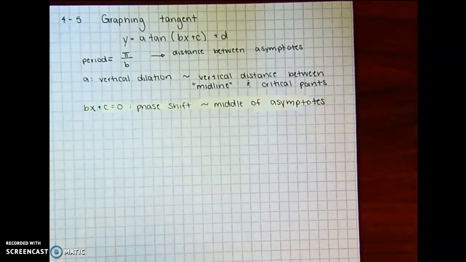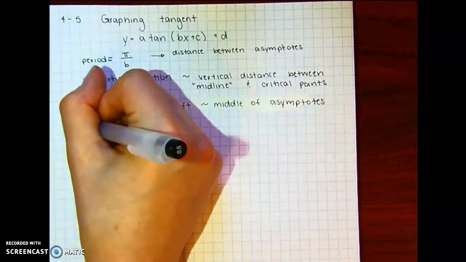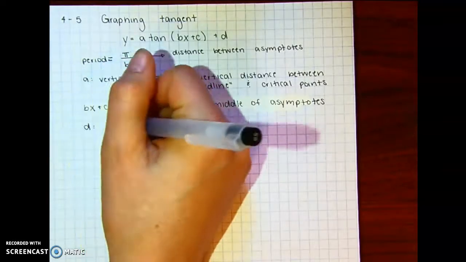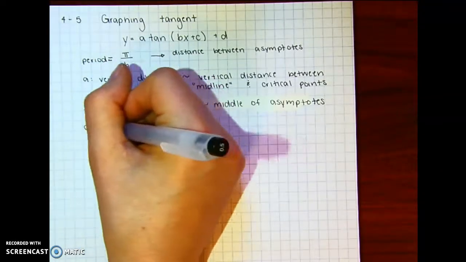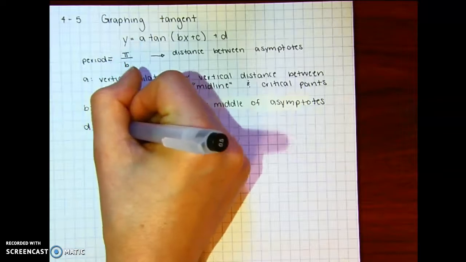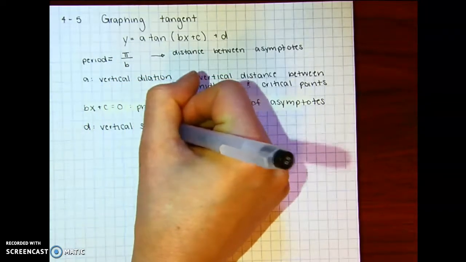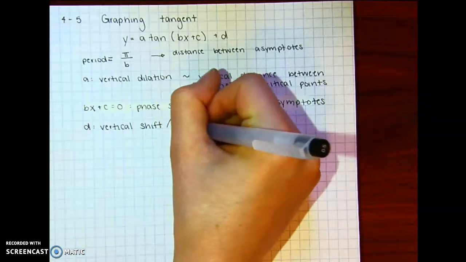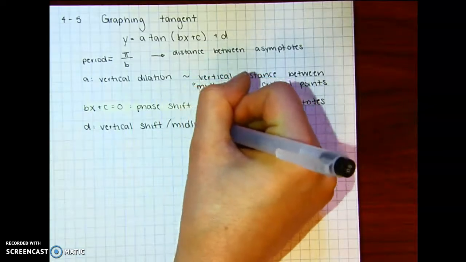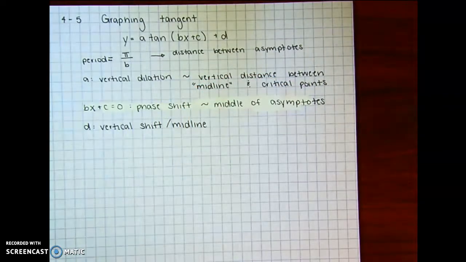Okay, and the last thing is D, right? So D is a vertical shift or your midline. Or your sinusoidal axis.